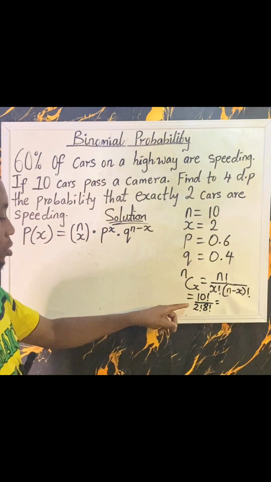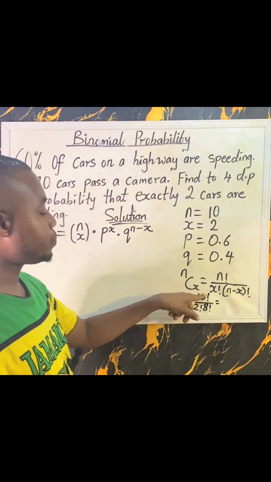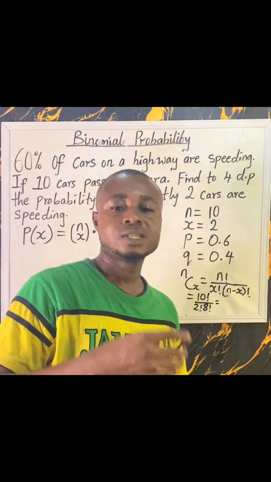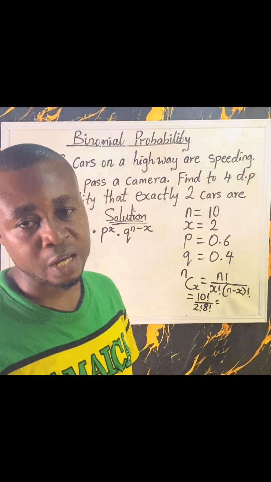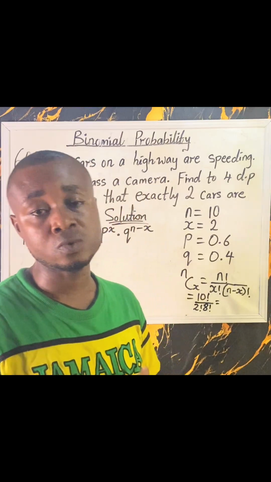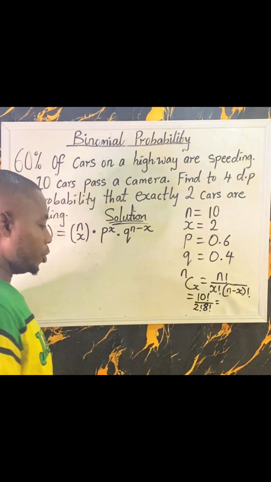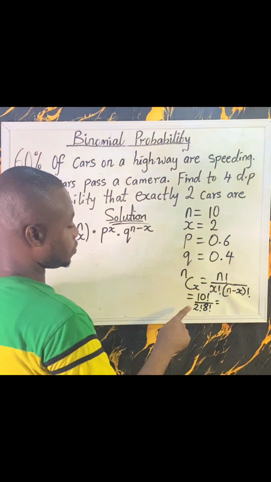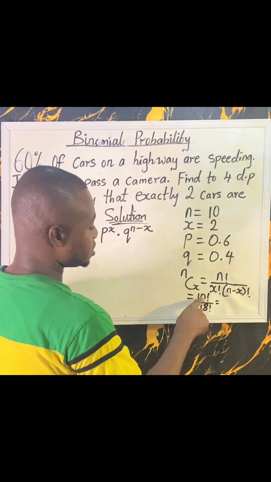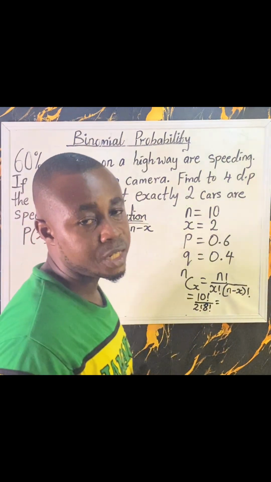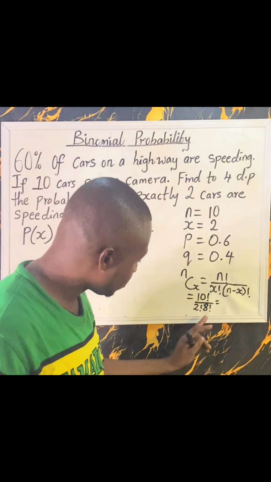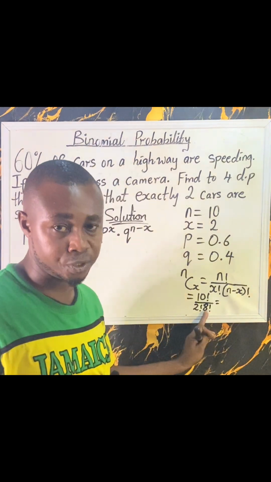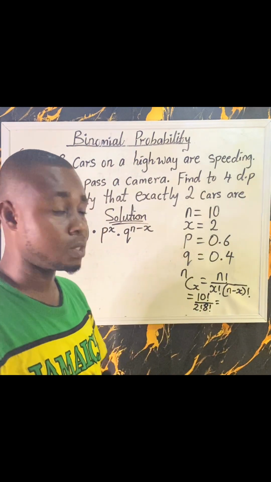10 factorial simply means 10 times 9 times 8 times 7 times 6 times 5 times 4 times 3 times 2 down to 1. But if you look at this, you discover that I can write 10 factorial as 10 times 9 times 8 factorial. Why? Because I can see my 8 factorial here in order to cancel out.